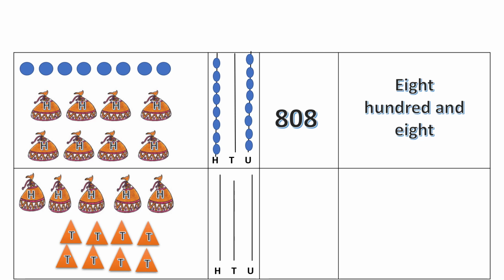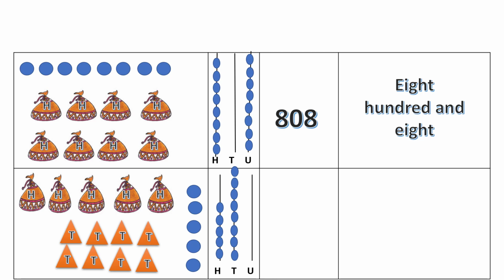5 hundreds, 8 tens and 5 units. Here it is 5 hundreds, 8 tens and 5 units. We string 500 in the hundreds wire, 1, 2, 3, 4, 5, and we string 8 tens in the tens wire, 1, 2, 3, 4, 5, 6, 7, 8.